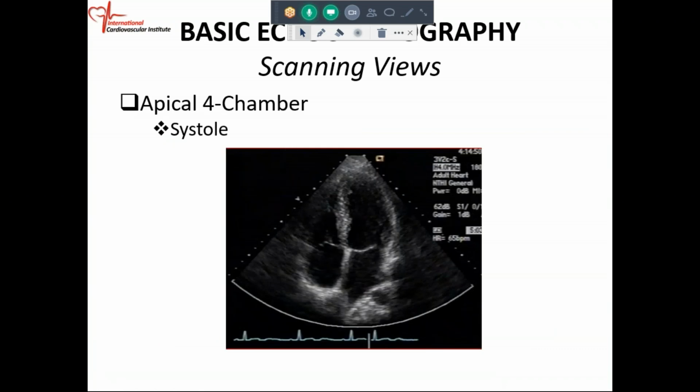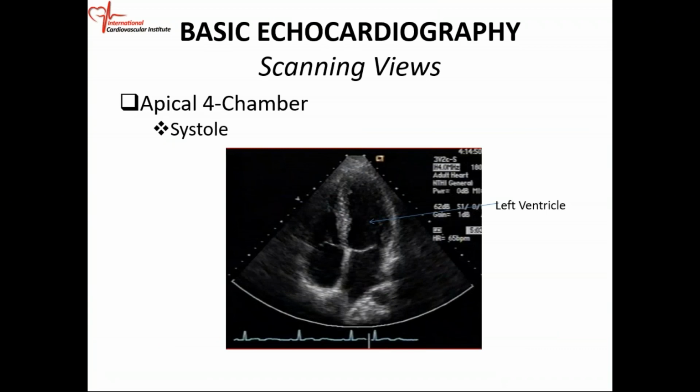All right, so apical 4-chamber view, that's your left ventricular cavity. That's the mitral valve. This is your anterior mitral leaflet right there. The posterior leaflet is right there. That's the left atrium right there. That's your descending aorta. Very important. This is the descending aorta right there.